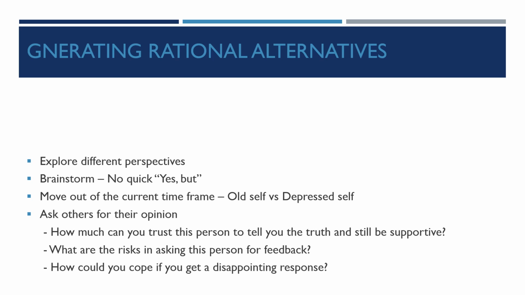How could you cope if you get a disappointing response? So, if that person responds in a very different way, do you think you can still cope with that? These are some of the probing questions that you want to ask in identifying another person who could help your clients to generate rational alternatives.